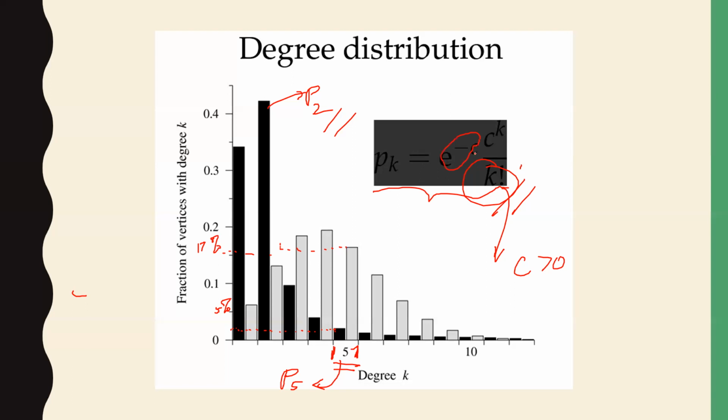So essentially, those graphs with Poisson degree distribution will most likely have very little amount of vertices that have high degrees. The concentration will be for smaller values of k.